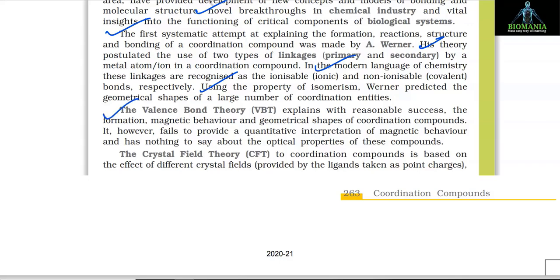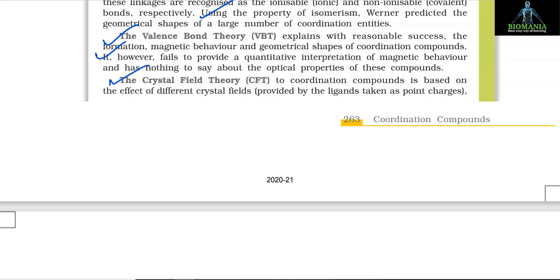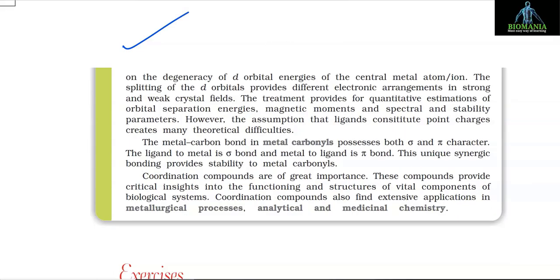The valence bond theory, VBT, explains with reasonable success the formation, magnetic behavior, and geometrical shapes of coordination compounds. It, however, fails to provide a quantitative interpretation of magnetic behavior and has nothing to say about the optical properties of these compounds. The crystal field theory, CFT, is based on the effect of different crystal fields provided by the ligands, taken as point charges, on the degeneracy of d orbital energies of the central metal atom or ion.